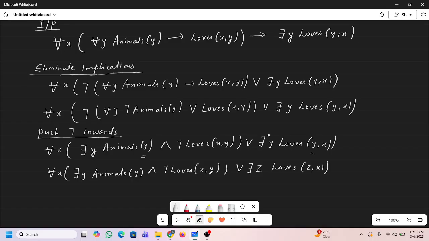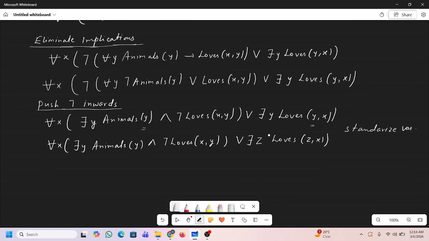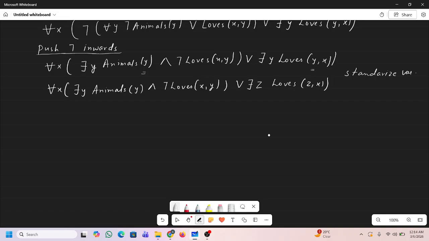What I did is known as standardizing variables. Why did we do this? Because there were two y. Now y and z are functions of x.